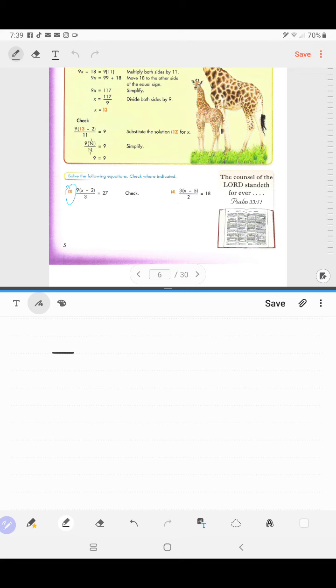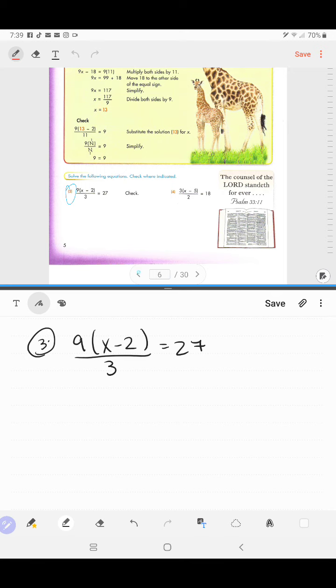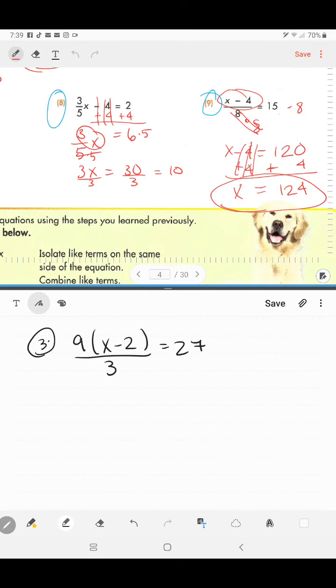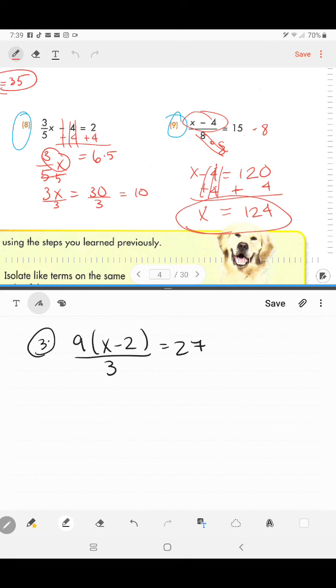So page 5, number 3. Okay, so we did this one on number 9. This is kind of like number 9.